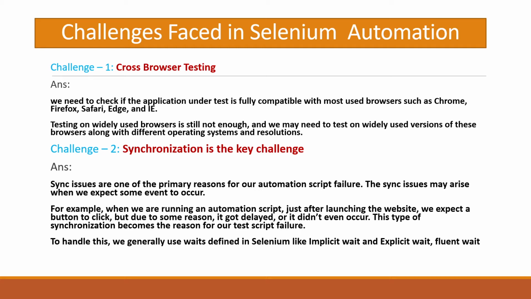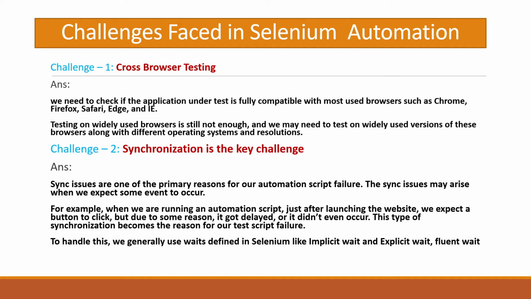Testing on widely used browsers is still not enough. We may need to test on widely used versions of these browsers, along with different operating systems and resolutions as well. Testing on the same browser is not enough for automation.